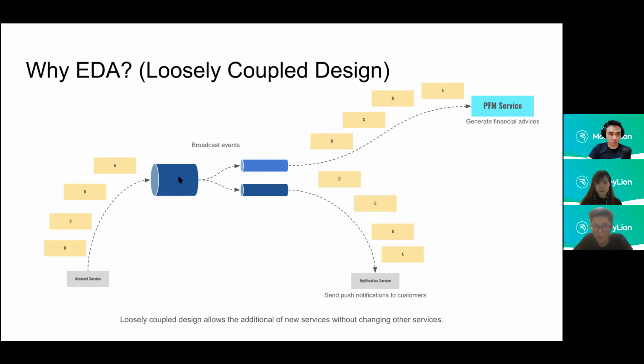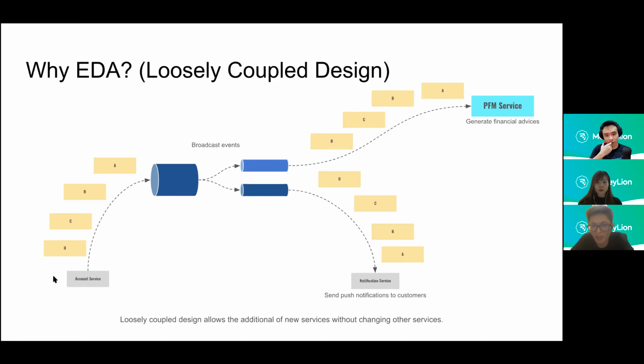Here, I simply broadcast the event into 2 streams. One stream will be consumed by the original notification service, and the second service can consume from the new broadcasted stream. Each of these services can consume the events from the stream independently without changing the account service. This is one good example of why event-driven architecture really shines.